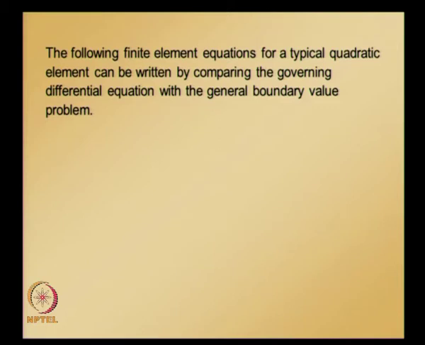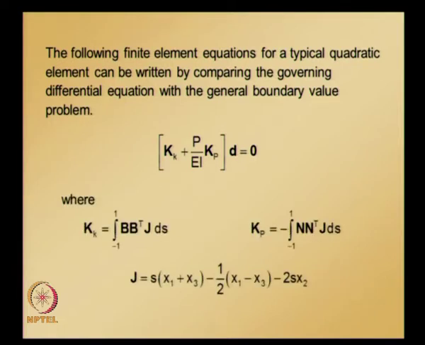The following finite element equations for a typical quadratic element can be written by comparing the governing differential equation with the general boundary value problem. So that is what we did, and these are the element equations, where kk, kp and j are defined.